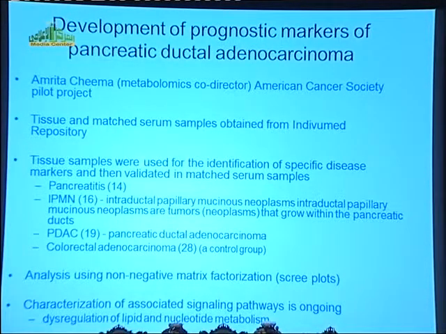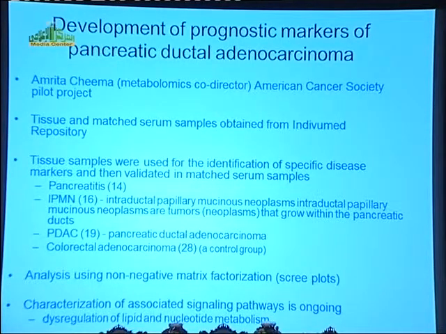So she's comparing pancreatitis, the inflammatory disease, where sometimes there are surgical specimens, to patients with these early neoplastic lesions, which are not particularly frequent in surgical pathology, but there are a few that can be identified. And then pancreatic adenocarcinoma, and then finally colorectal adenocarcinoma, an unrelated cancer, which was used as a control group.